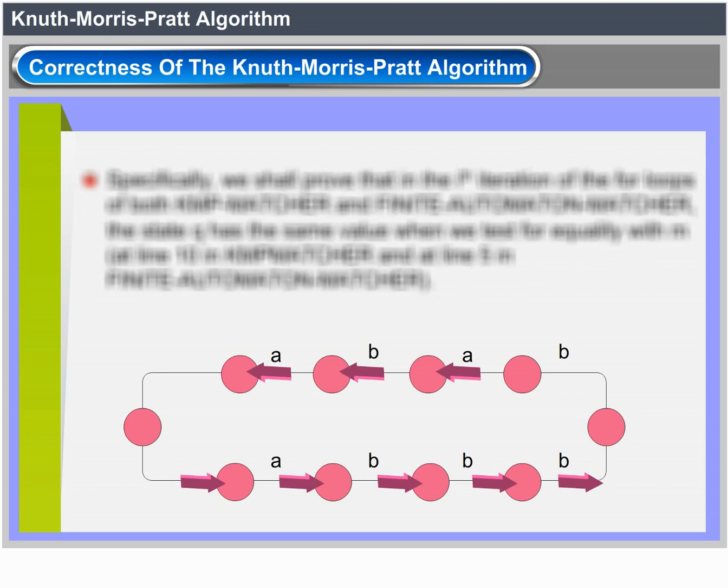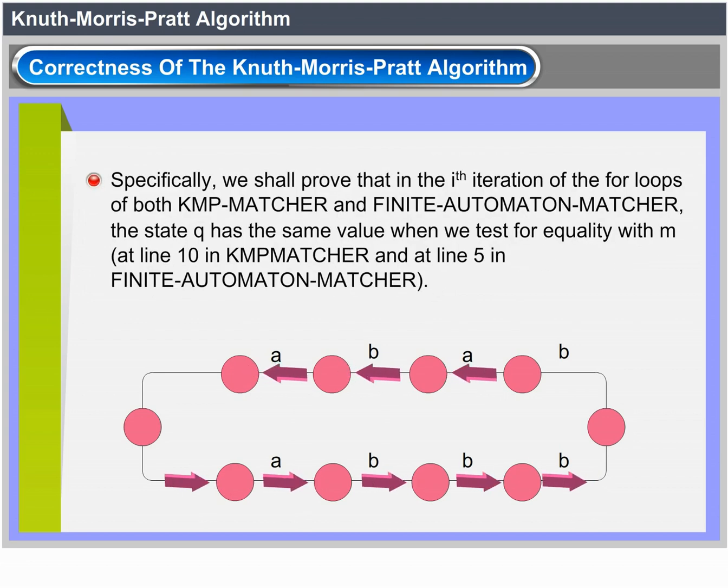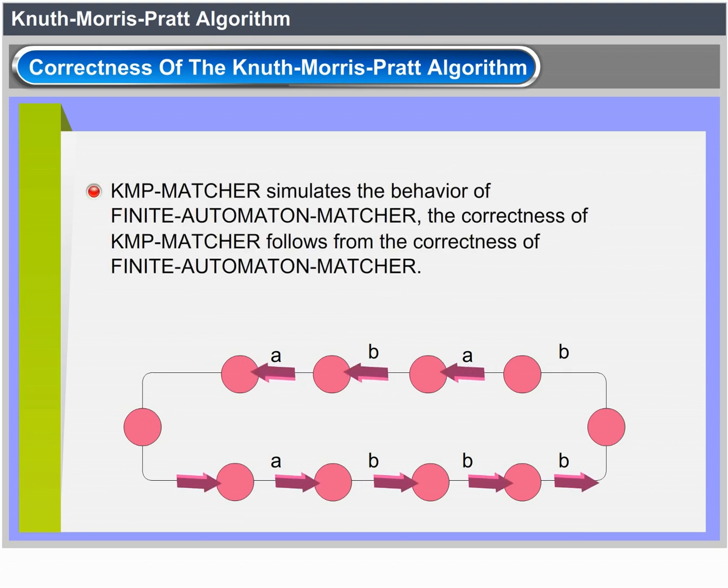Specifically, we shall prove that in the ith iteration of the for loops of both KMP matcher and finite automaton matcher, the state q has the same value when we test for equality with m, at line 10 in KMP matcher and at line 5 in finite automaton matcher. KMP matcher simulates the behavior of finite automaton matcher. The correctness of KMP matcher follows from the correctness of finite automaton matcher.